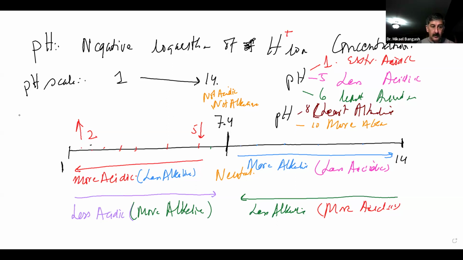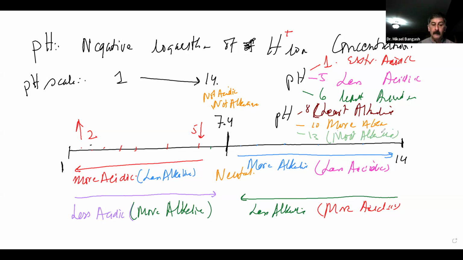Or if you go and say, what about a pH of 13? Well, in these three readings here, this is going to be the most alkaline.